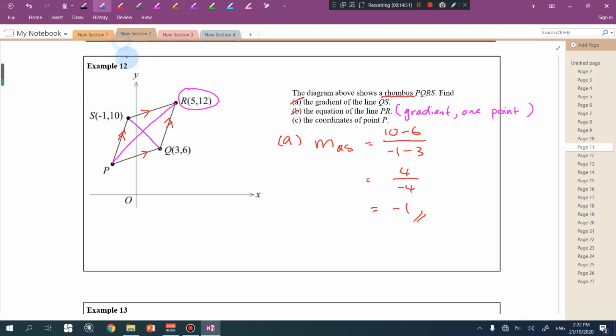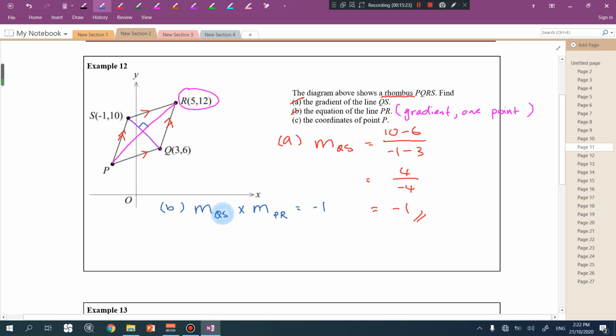I hope that you still remember one of the properties of a rhombus is the diagonals are perpendicular to each other. Since they are perpendicular to each other, let me write over here, the gradient of QS times the gradient of PR is equal to -1, since they are perpendicular.